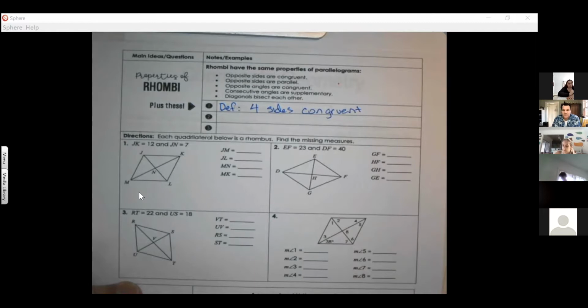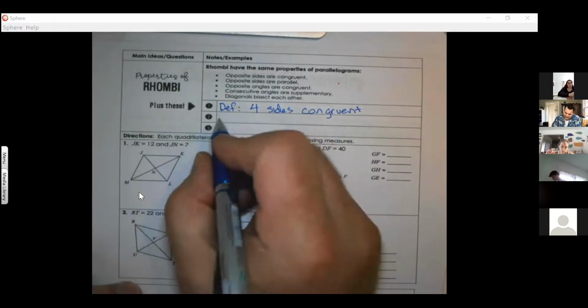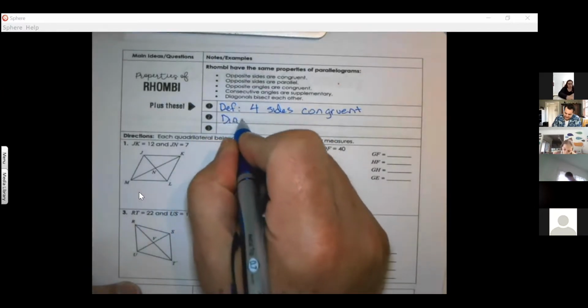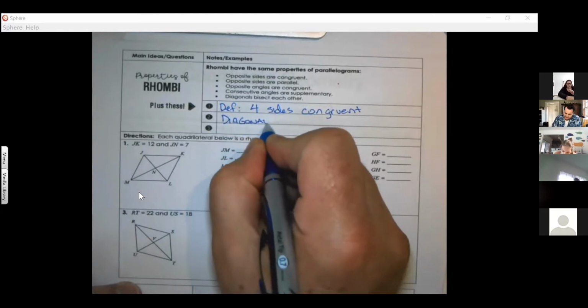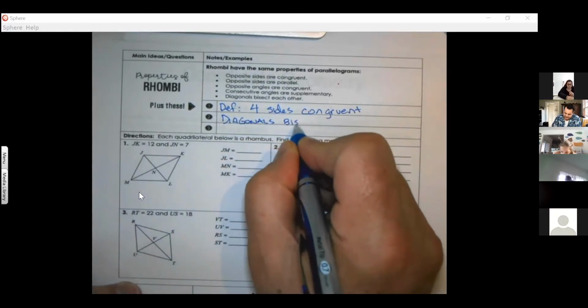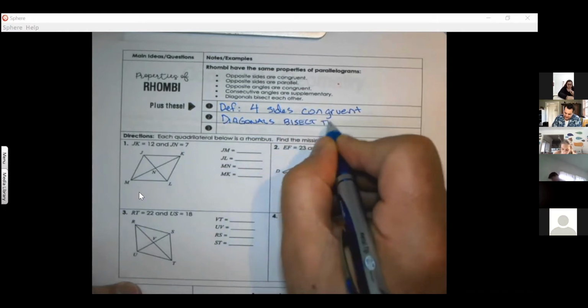And like I just showed you with some quick proof, the diagonals bisect the interior angles.